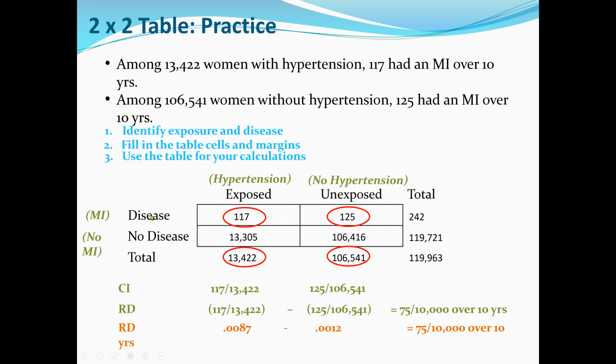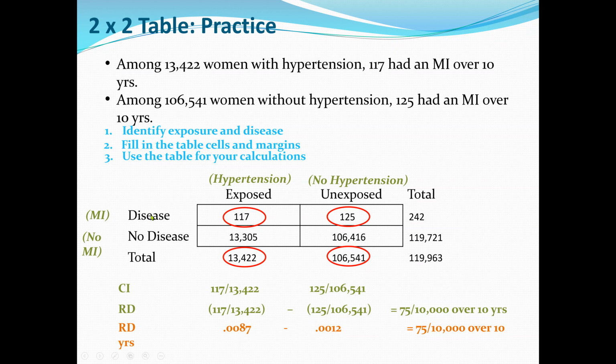But in this case, again, the difference was small. Still, we say that 75 per 10,000 means women with hypertension, or those who are exposed, have 75 more MIs per 10,000 women over a 10-year period compared to women without hypertension.